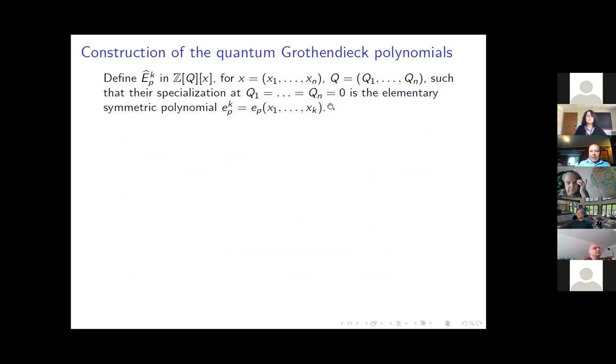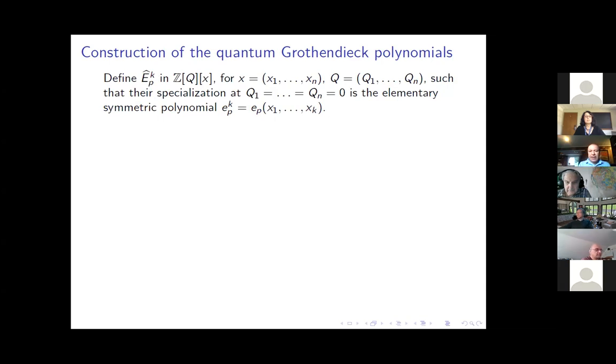So first we take the elementary symmetric polynomials of degree p in indeterminates x1, ..., xk. I denote them by e_p^k, and we can define some quantum analogs of them, denoted ê_p^k, by introducing these quantum parameters q1, ..., qn.